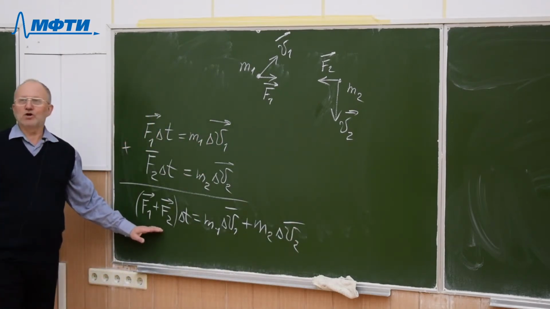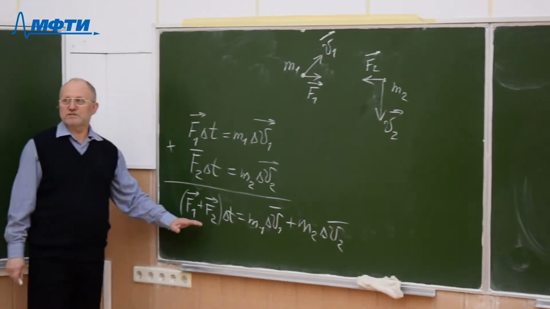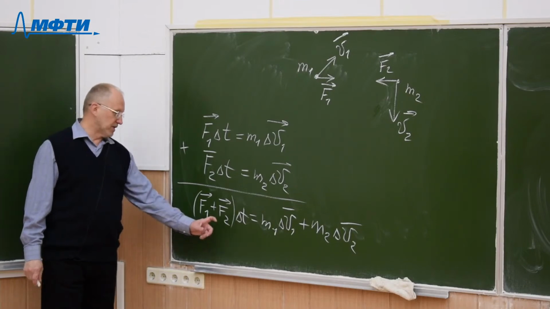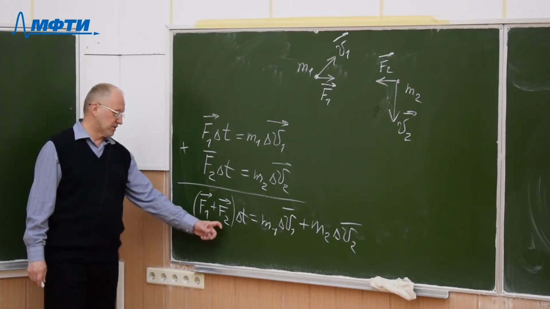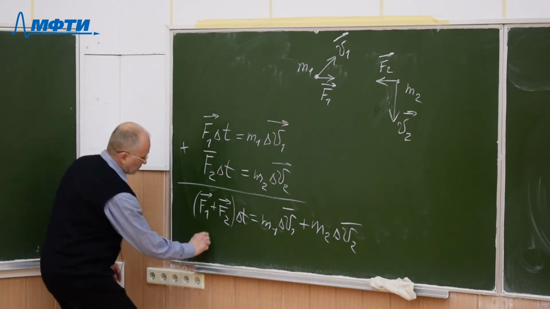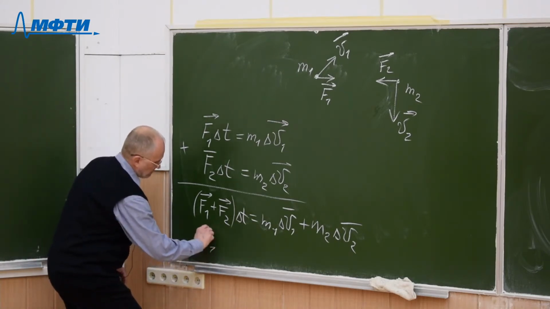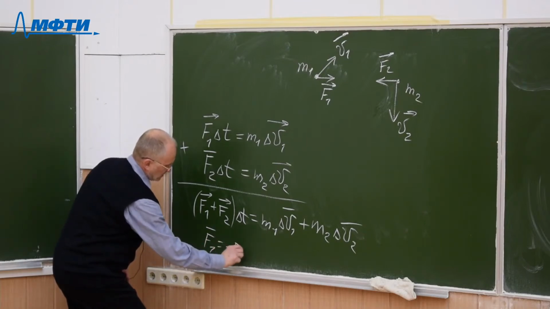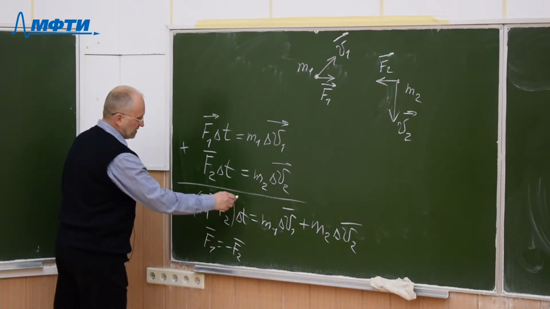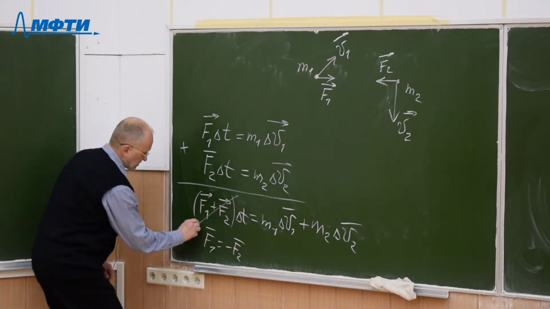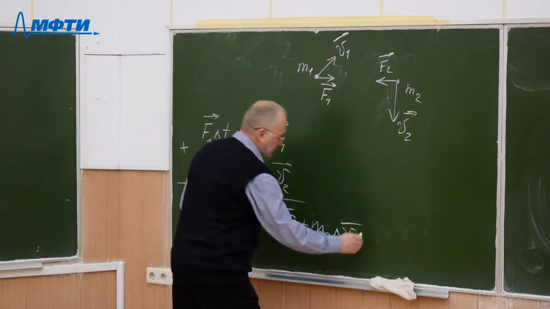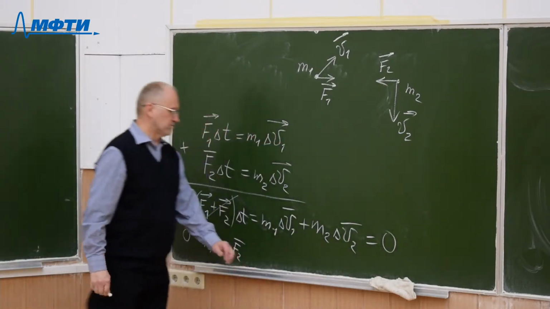Now recall Newton's third law. A force of action is equal in magnitude and oppositely directed to the force of counteraction. So these two forces must be equal and oppositely directed. If we take this into account, we will immediately obtain that this round bracket equals 0, and so this whole expression is 0.